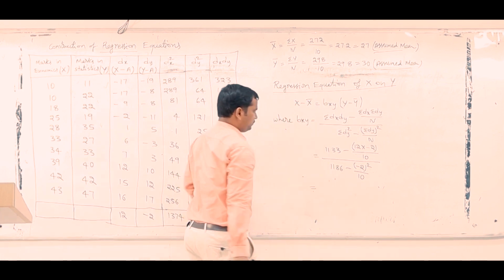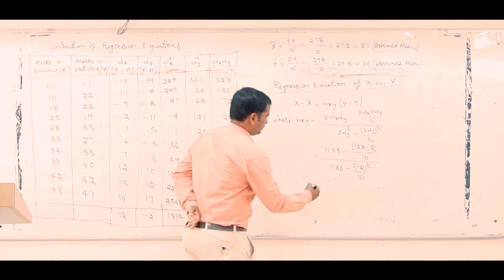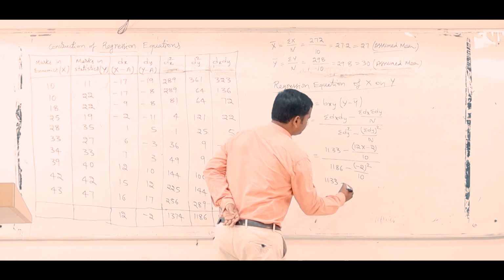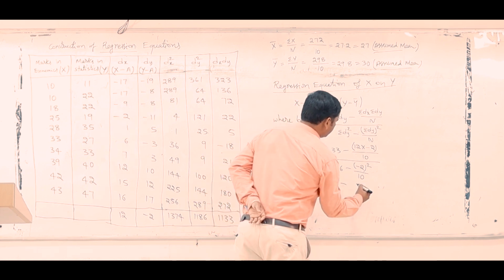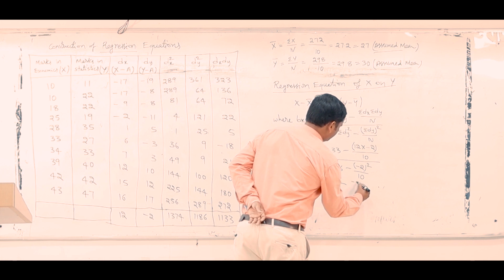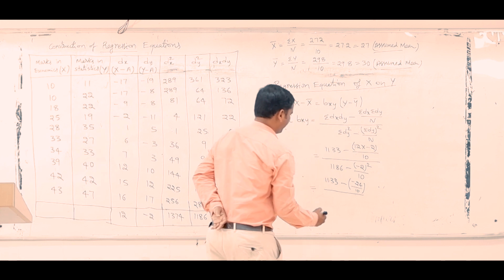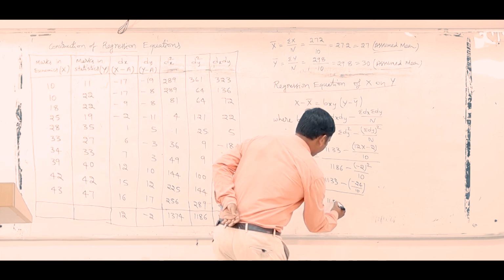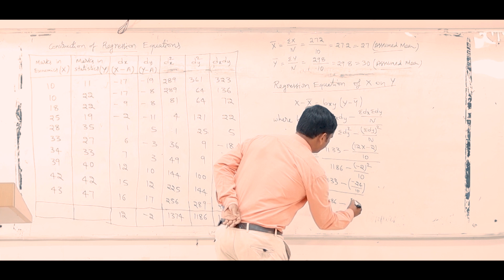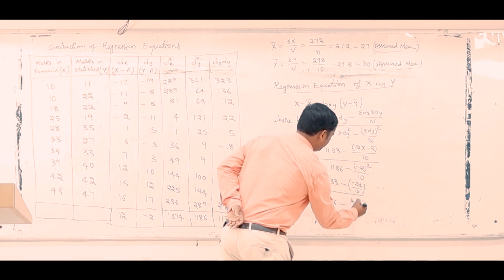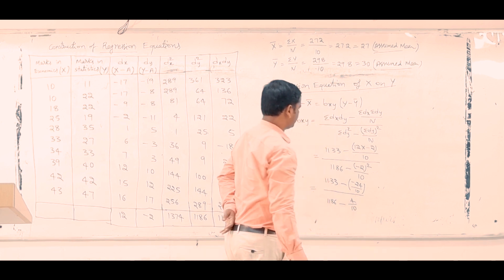So if you expand this, you will get 1133 minus minus 24 divided by 10, divided by 1186 minus 2 square, which is 4 divided by 10.